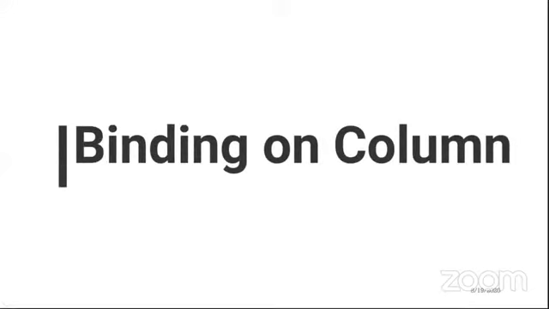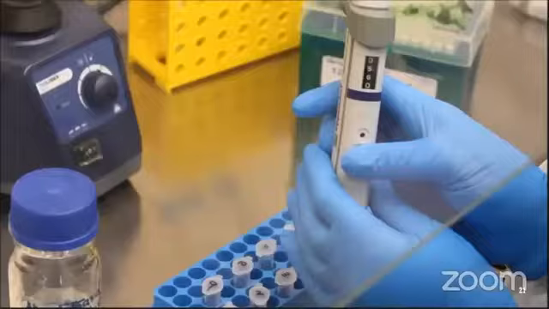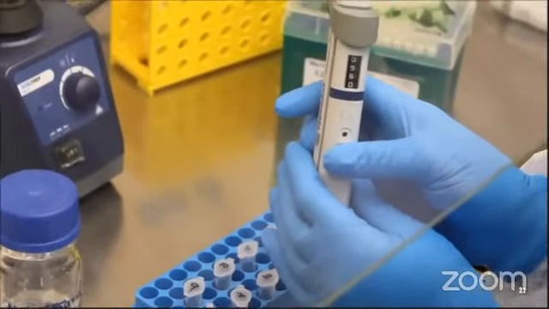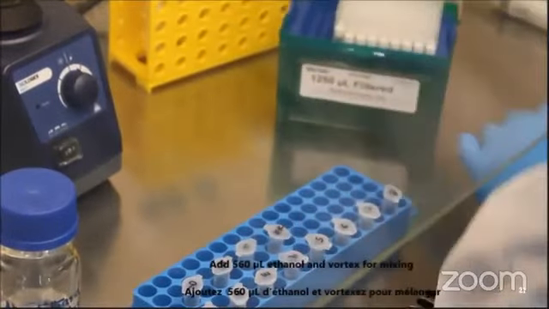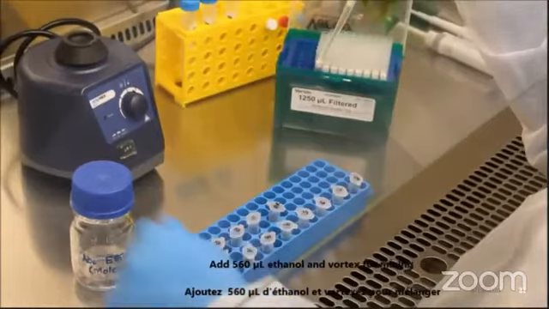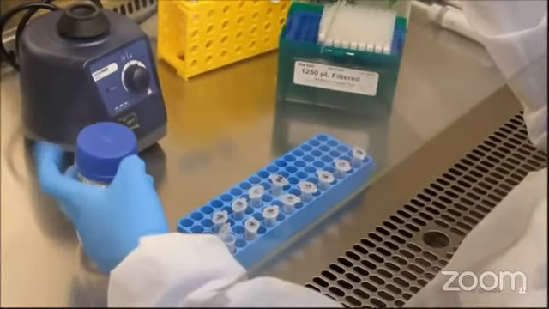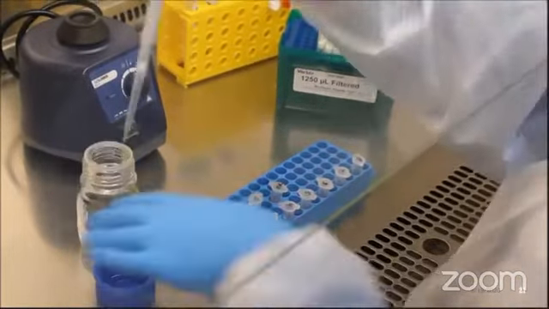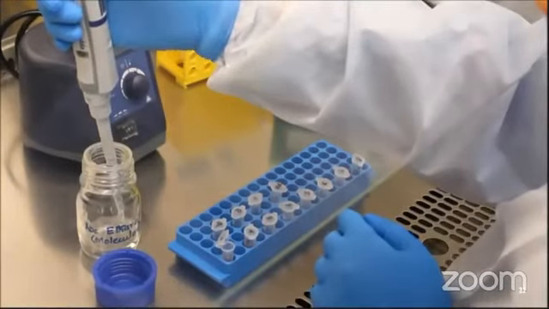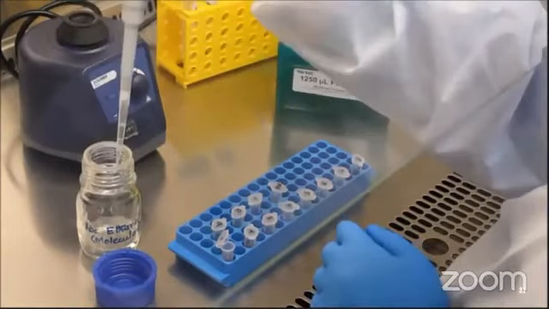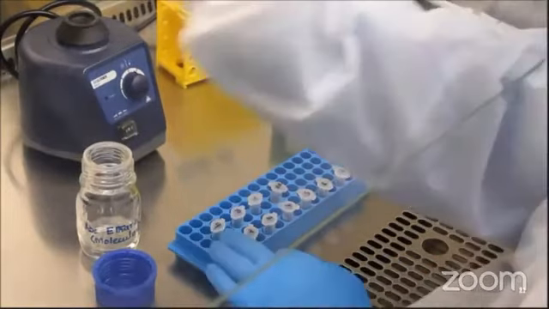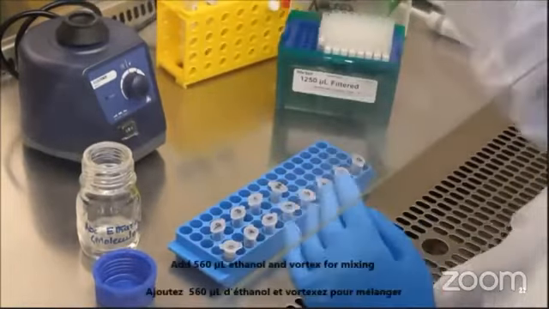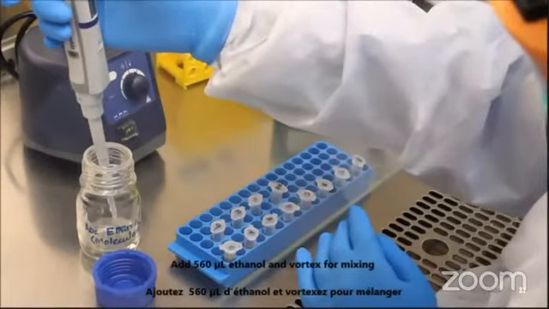We need to bind the RNA on the column. So we add 560 microliter of ethanol into each tube. Ethanol precipitation is a commonly used technique for concentrating and desalting nucleic acids such as RNA and DNA.